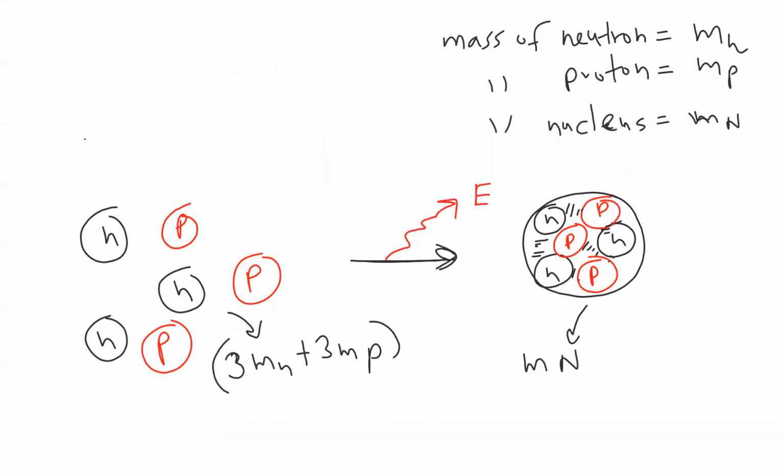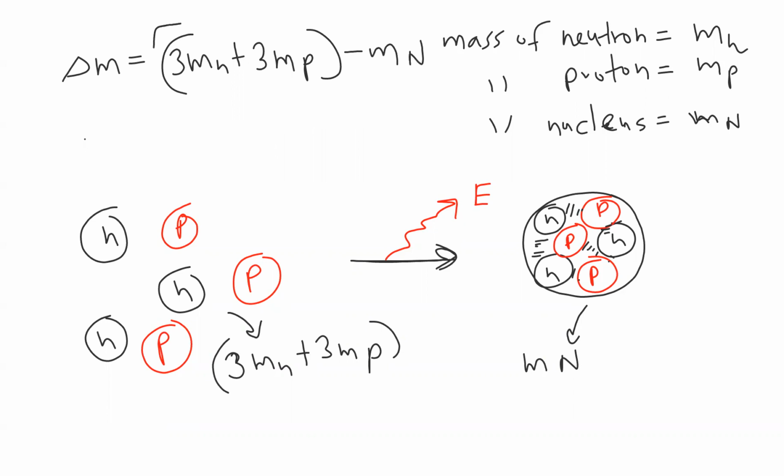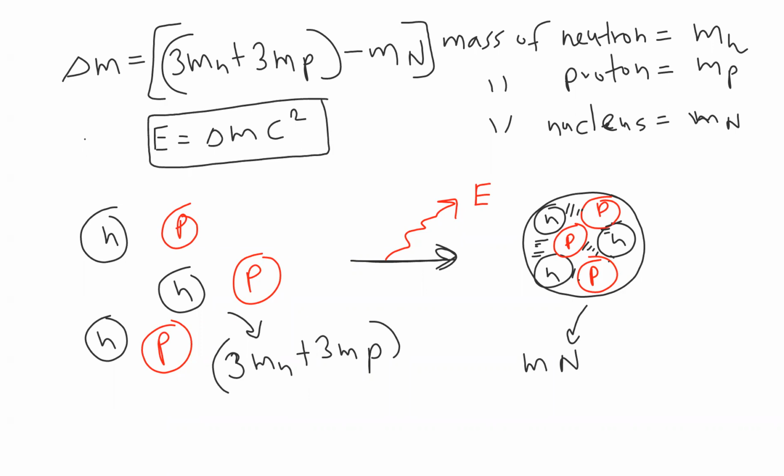So actually, you can take the delta M, the difference of mass, as 3 Mn plus 3 Mp minus Mn. And when you take this delta M to get the energy, E equals delta M c square. You can take those terms.